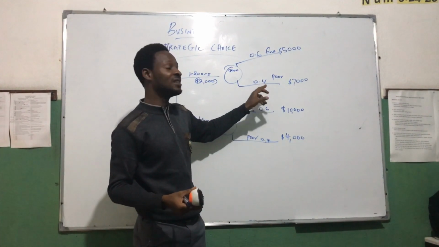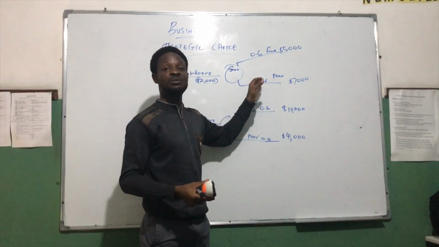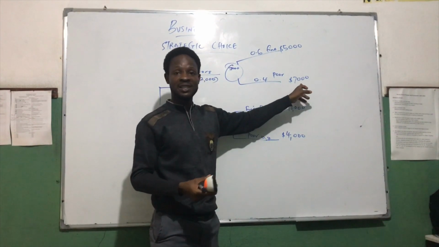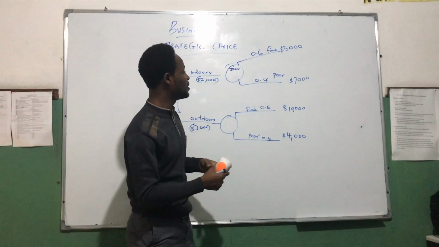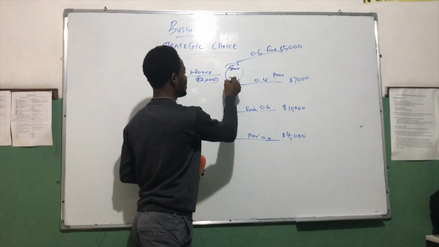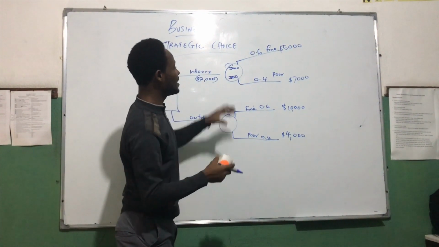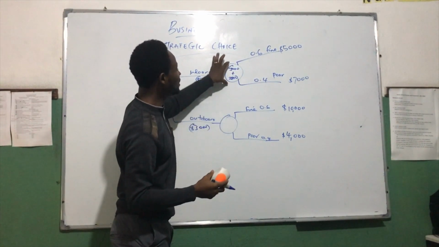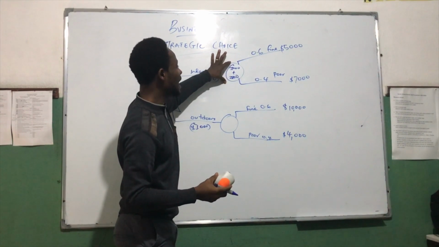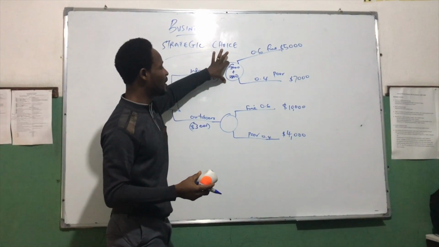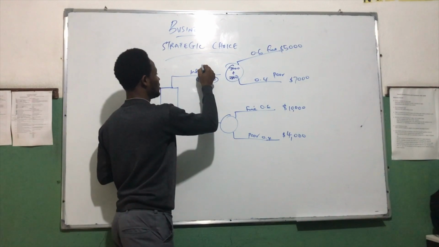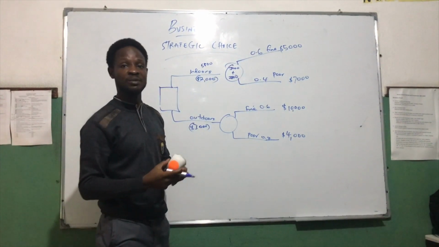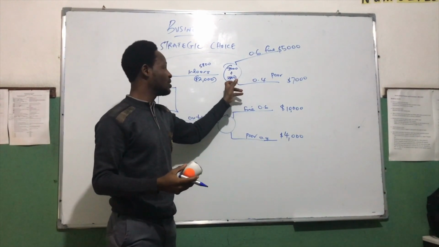You must multiply the probability of occurrence by the expected revenue. 7,000 times 0.4 is 2,800. Remember I said for a node we must add. That means this option, indoors, is expected to generate 5,800 from the fine and poor weather. Remember, we are adding for a node.